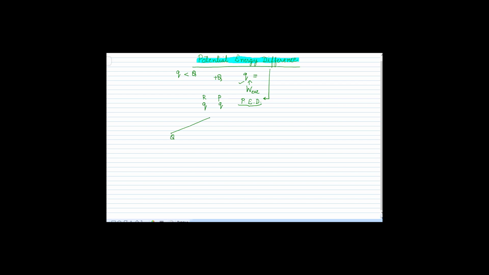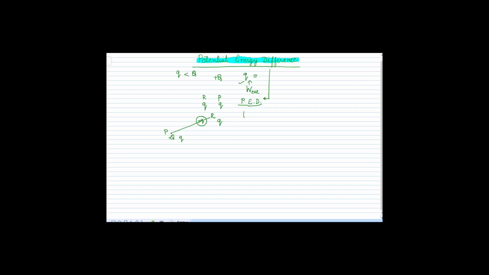We are having a source charge, and the source charge we are taking it positive, and this is at any point P, and this was our point R, and we are taking this plus Q from point R to point P. Fine. So we calculate the potential energy of Q at point R, and then we calculate the potential energy of Q at point P, and then we find the difference.